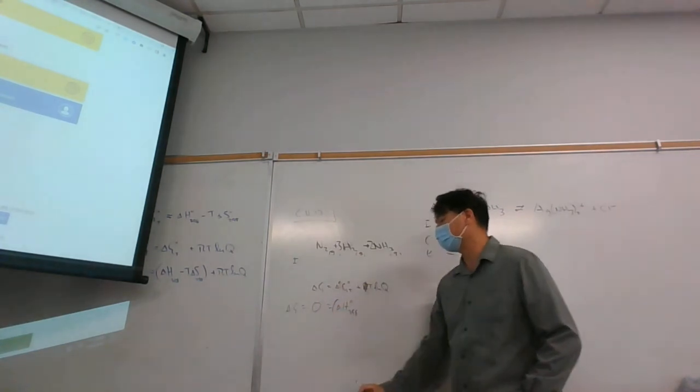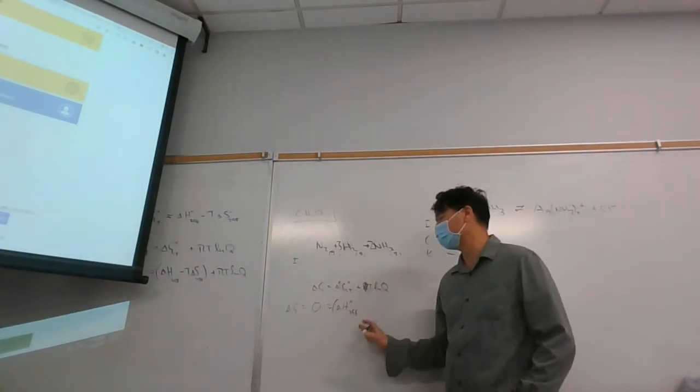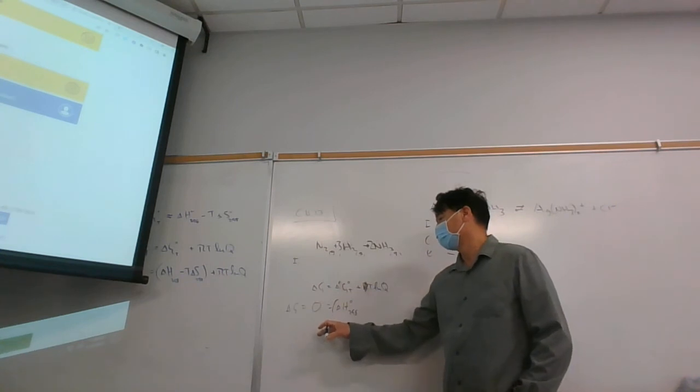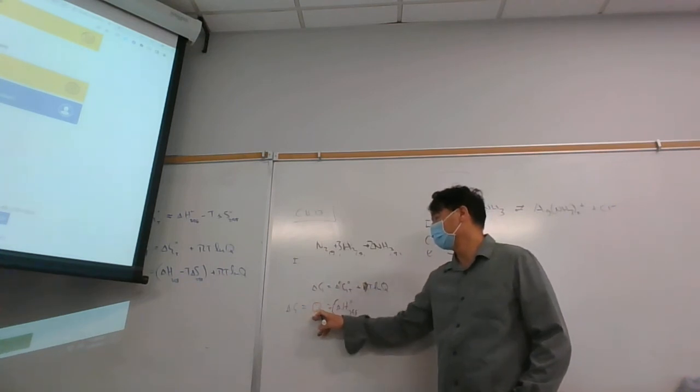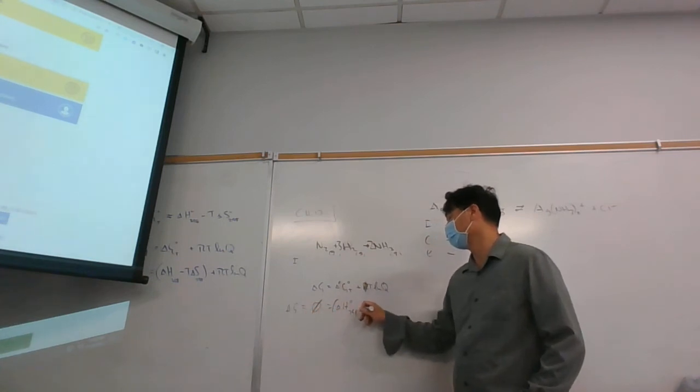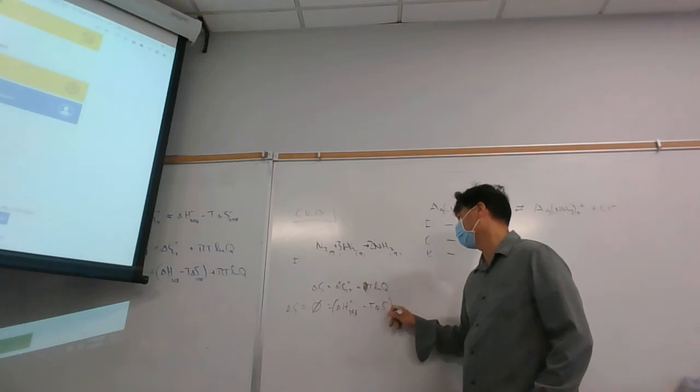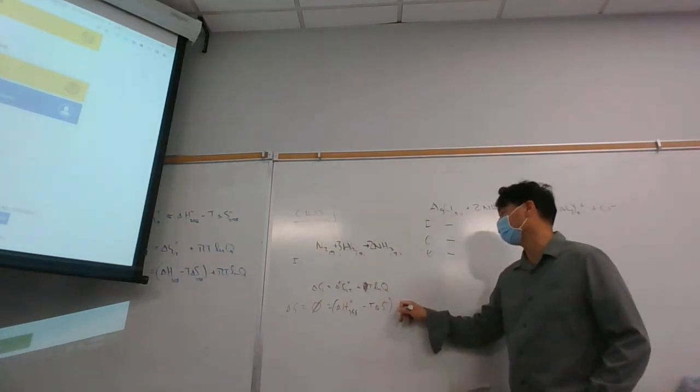Or we might want it to go spontaneous to non-spontaneous. But whatever it is, it's going to transition through 0. So whenever we set delta G equal to 0, then we would set Q to K.